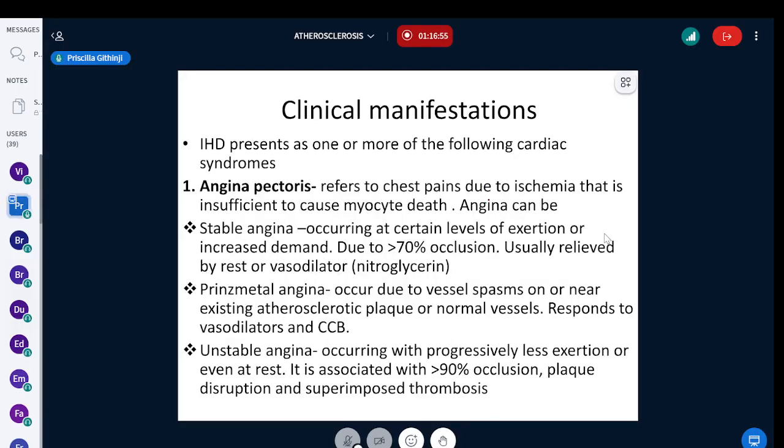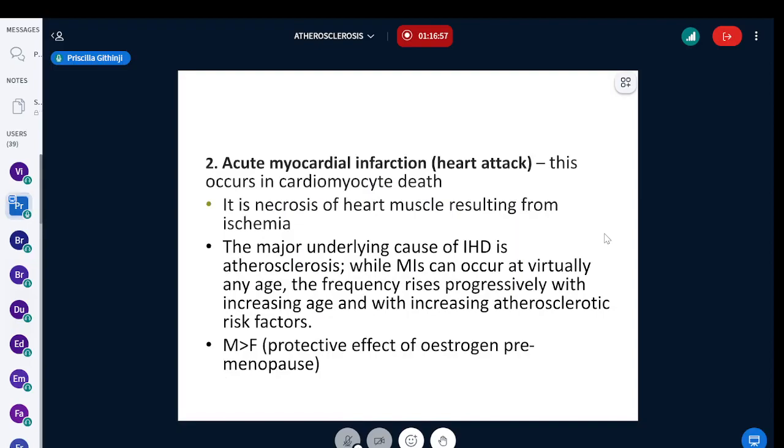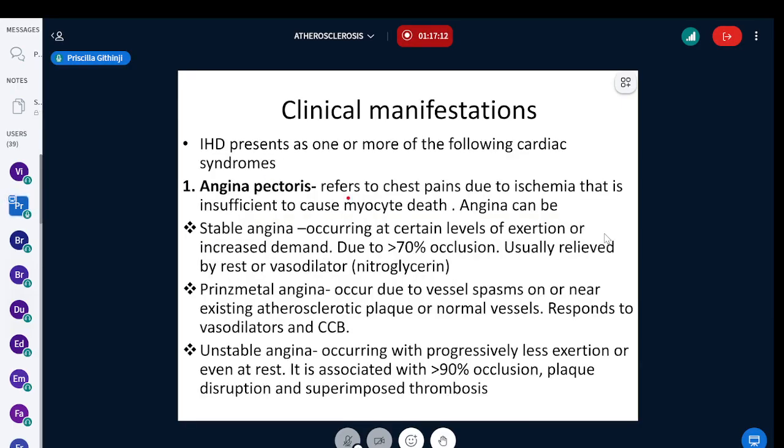The other cardiac syndrome that is a manifestation of ischemic heart disease is your acute myocardial infarction, what patients refer to as heart attack, and this occurs with cardiomyocyte death. Remember, in angina pectoris, you have chest pains due to ischemia, but this is usually insufficient to cause myocyte death.